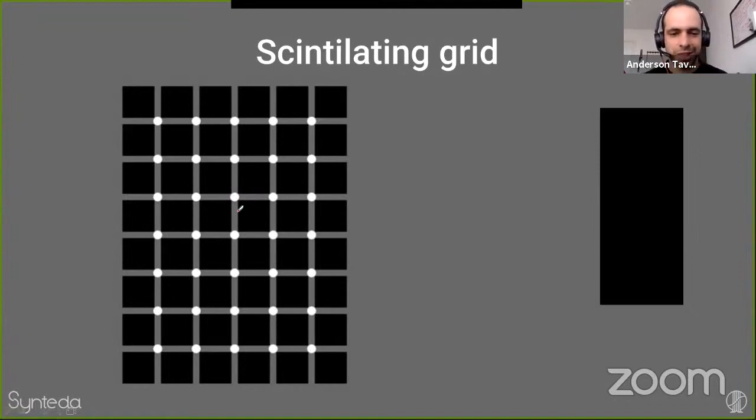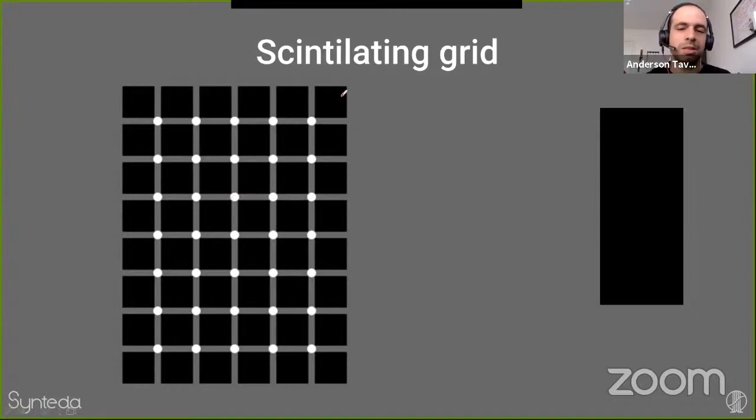So we have some black spots popping up in other spots here, but it doesn't happen when we look at the spot itself, because as we saw, the receptive fields in the center of the eye are really smaller compared to the periphery. So we have a good resolution to cancel this effect.